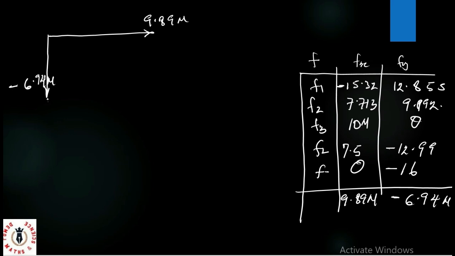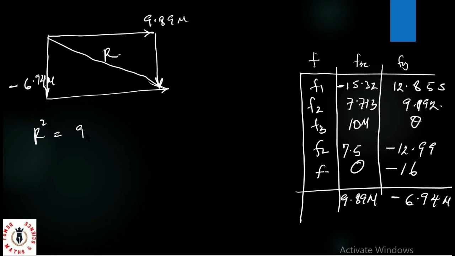Now I can begin to find the resultant of these two forces. So here will be my R. And I can now use Pythagoras theorem, so that R squared will be equal to 9.89 squared plus minus 6.94 all squared.